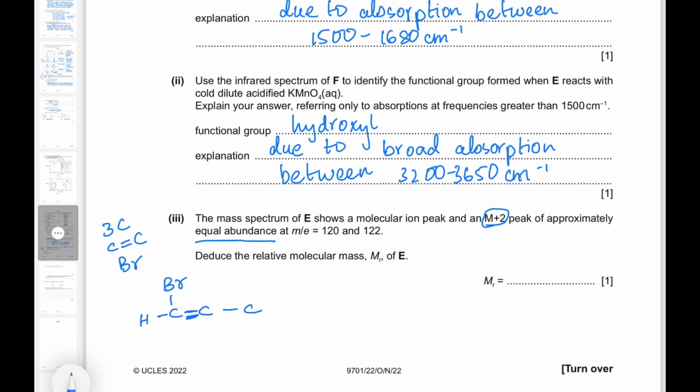Now if we had all of the remaining atoms as hydrogen, and we found the molecular formula of this compound, that would be 3 carbon atoms multiplied by the mass, as well as the mass of 5 hydrogen atoms plus the mass of bromine, which is 79.9, and this turns out to be 120.9. So this looks like it is the correct structure since it's close to these 2 values.